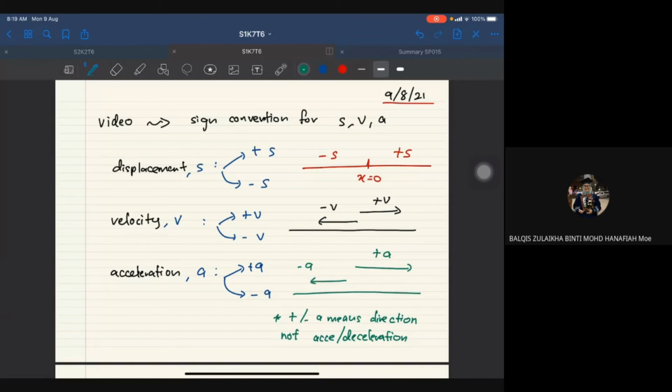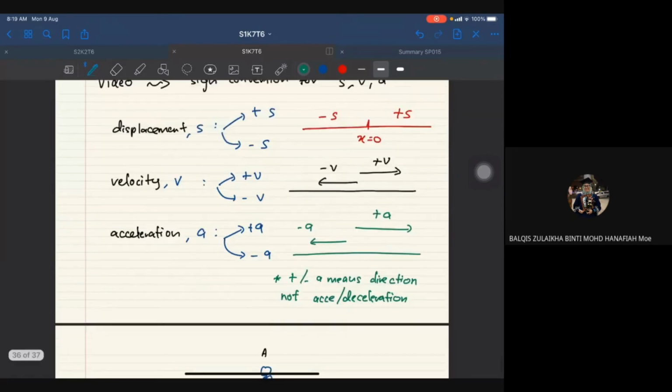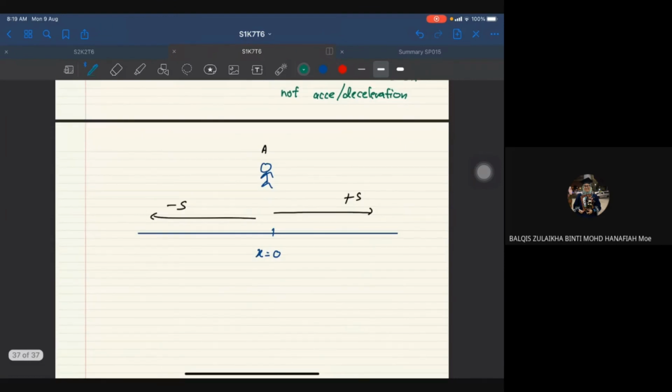The reason why at school you learn that negative A is deceleration is because you always assume that the object is moving to the right. So anything moving to the left is deceleration.